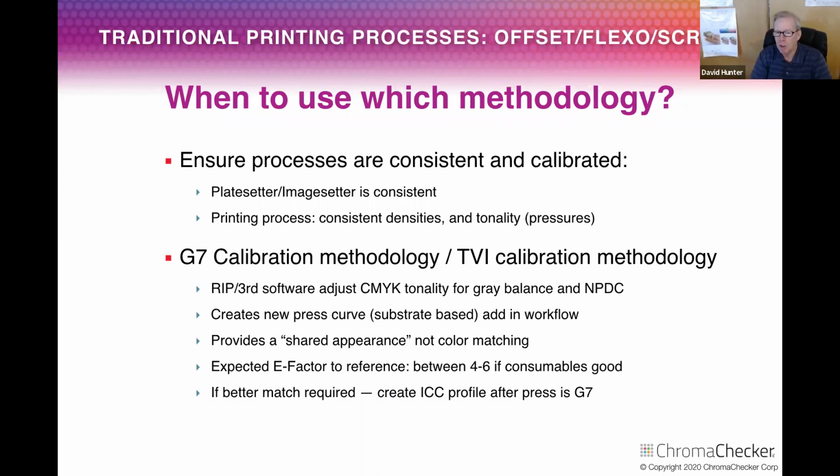And typically when we're calibrating our offset presses using G7, we can expect a delta E of about 4 to 6 to GRACoL. We can get a better match if we build an ICC profile for that process, but that's a lot more work, a lot more energy. You have to control all the processes on that print process if you even want to think about going that route.